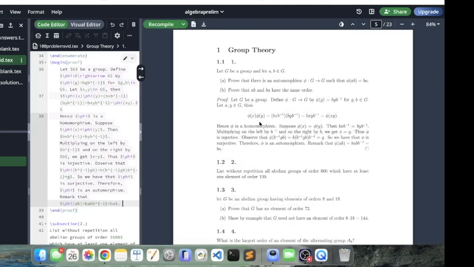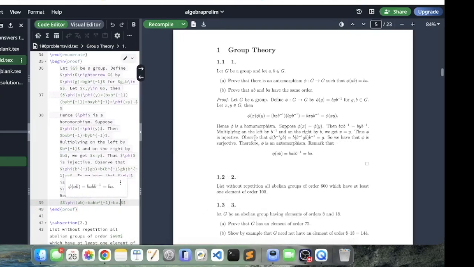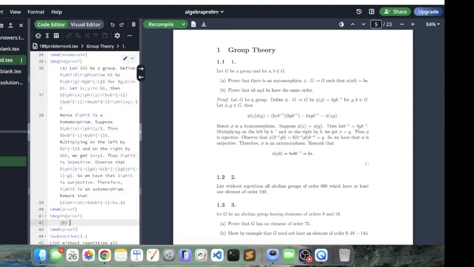I don't like how that cuts off, so simple LaTeX fix, put it in double math mode. Cool. So this is part A. I'll label that part A. And we want to do a part B.